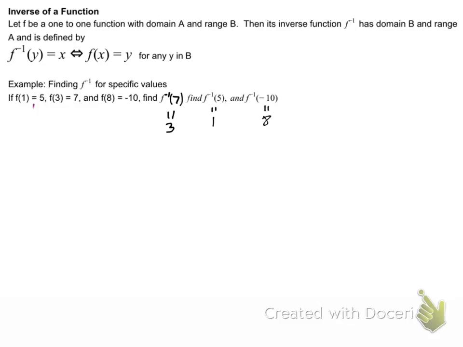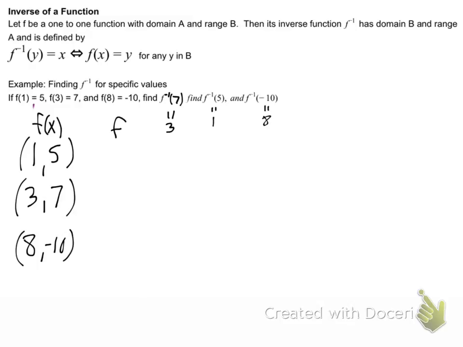Now take a look at this once. I think everybody, if you looked at this function notation, can you give me the 3 points that are connected here? What's the first point? Function notation. What's x? What's y? So you get 1 comma 5. This is f of x, right? What's the next one? 3 comma 7 and 8 comma negative 10.